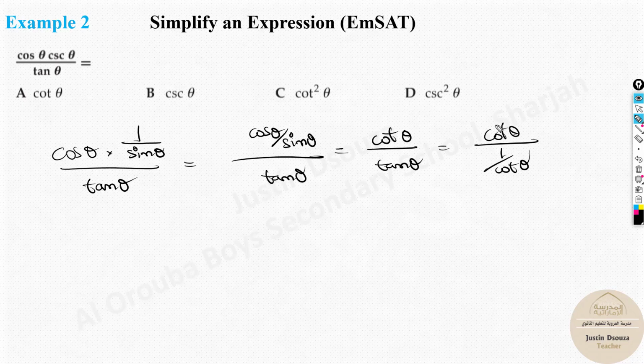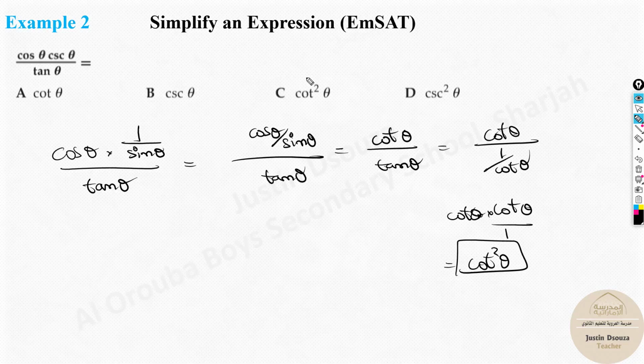So cot theta divided by 1 by cot theta means it will be a reciprocal. Cot will remain, multiplied by cot theta divided by 1. And when you solve it, it will be cot square theta. This is the answer. Here it's option number C.